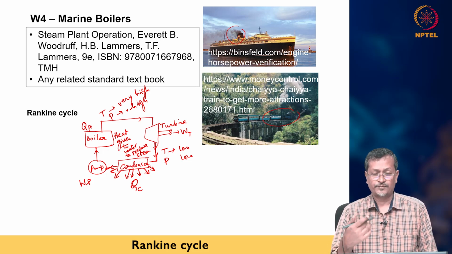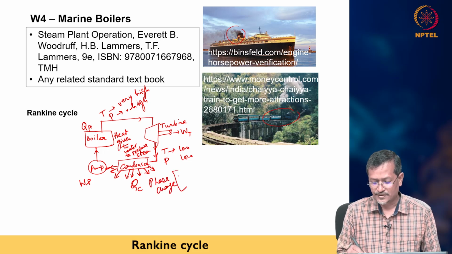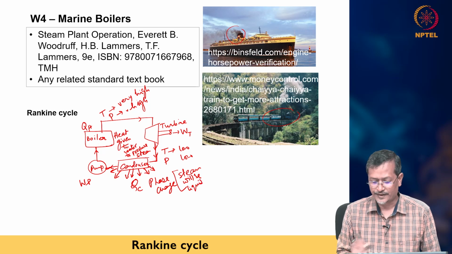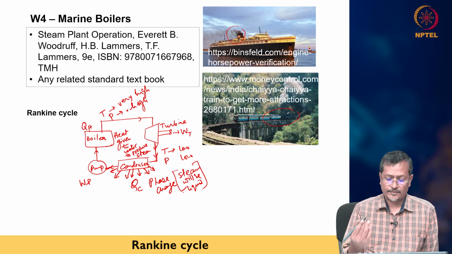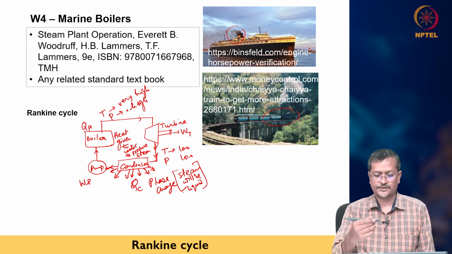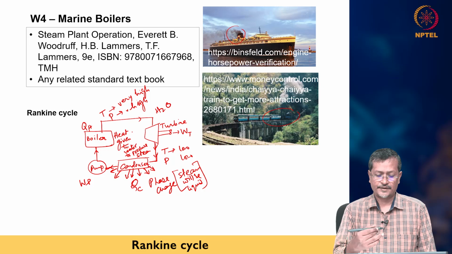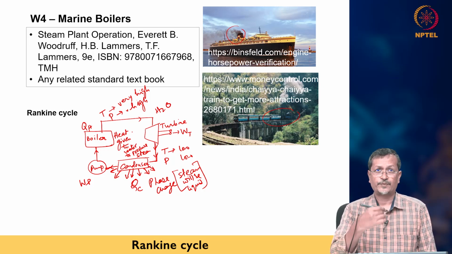In the condenser, phase change will be occurring. So steam will be liquid again in the condenser, and that liquid or water, because this is a water cycle or H2O cycle, liquid water will be pumped to the boiler, and in the boiler again it will be producing steam.